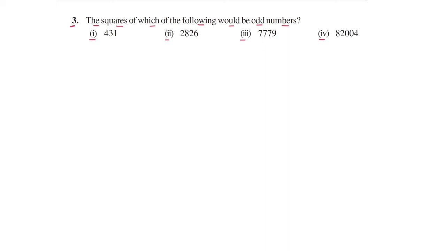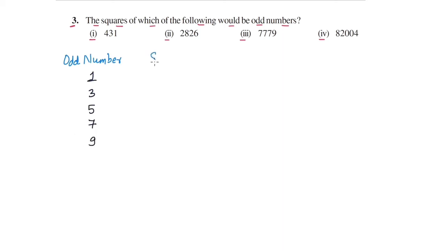To do that, let's analyze the ending digits of the squares of odd numbers. If you take any odd number, then its unit digit will be 1, 3, 5, 7 or 9.